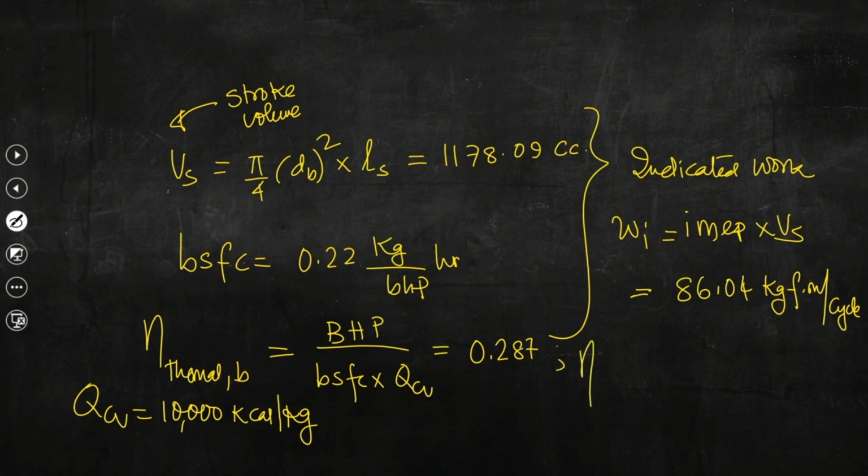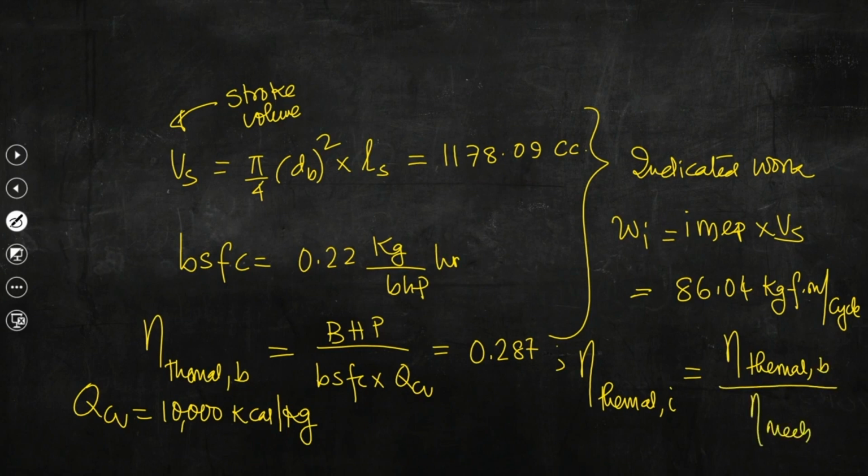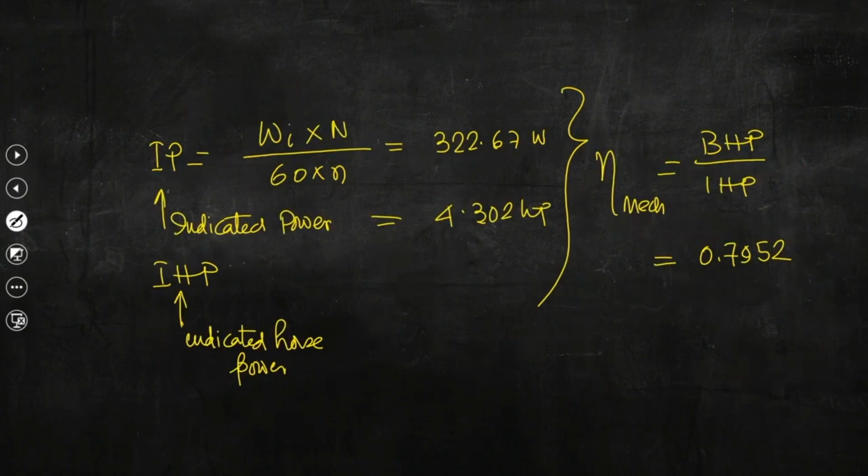And the indicated thermal efficiency, eta thermal I, is eta thermal brake divided by eta mechanical. Mechanical efficiency we have already calculated, that is 0.7952.